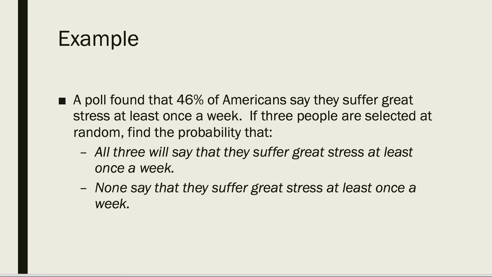All right, so I know right now that the probability that someone is stressed is 46%, or 0.46. We're going to select 3 people at random, and we want to find the probability that all 3 suffer stress. So remember, "all" is an indicator for an "and" problem.